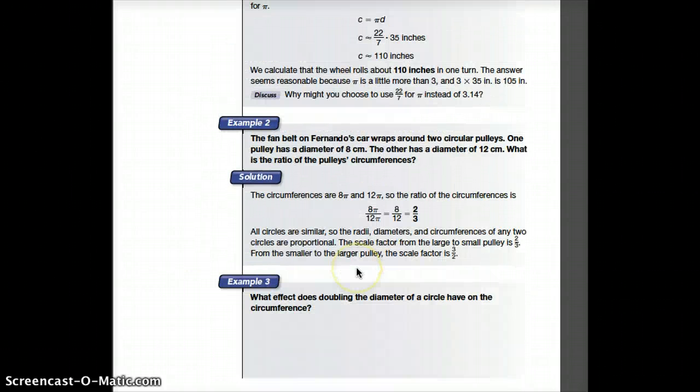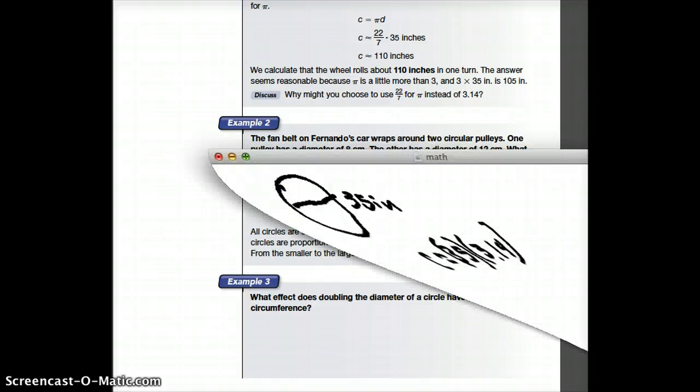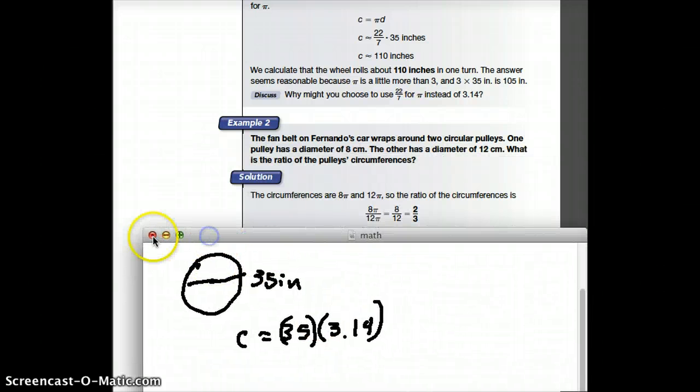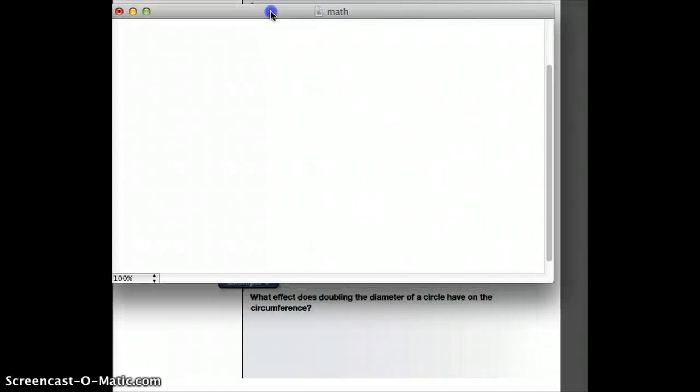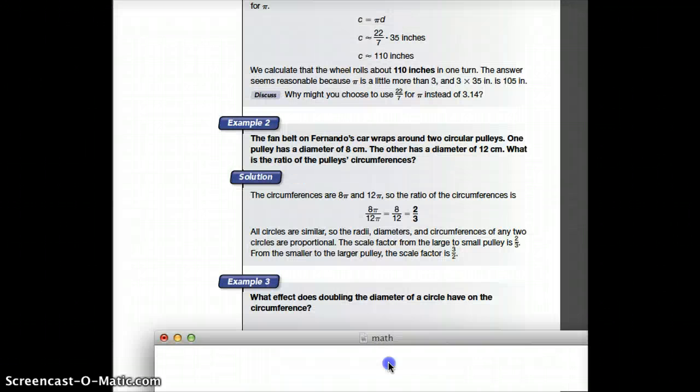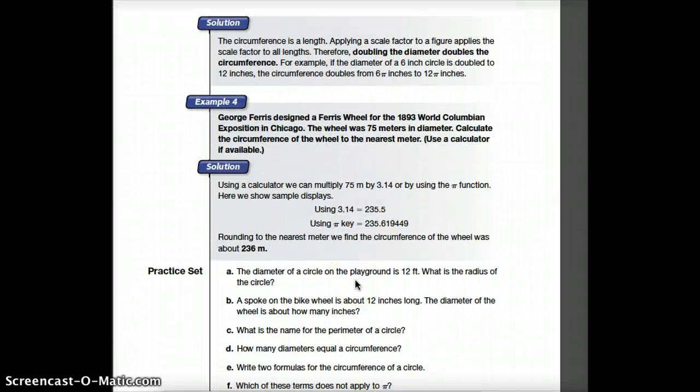All right, and then finally, what effect does doubling the diameter of a circle have on the circumference? This is an interesting question. For this, let's choose two possibilities and find out what happens. We're going to double the diameter and find out what happens to the circumference.